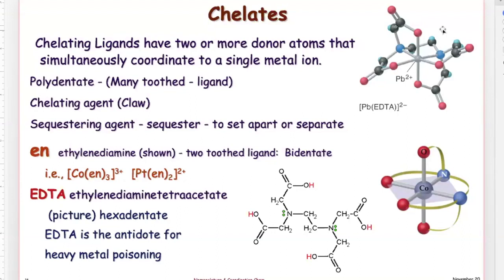EDTA is also found in poison control kits. That's because if a child ever swallowed lead or mercury or some heavy metal, then EDTA can go into the body, sequester that metal, and make it water soluble because of the OH group in EDTA. Otherwise, if it goes untreated, those metals will adhere to the lipids in the body and slowly secrete over time.